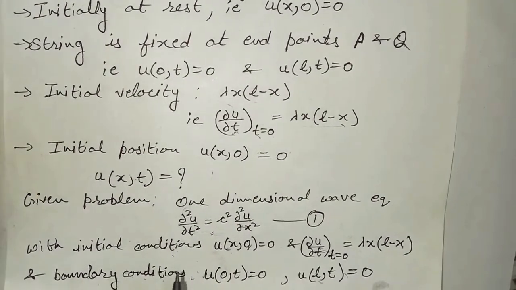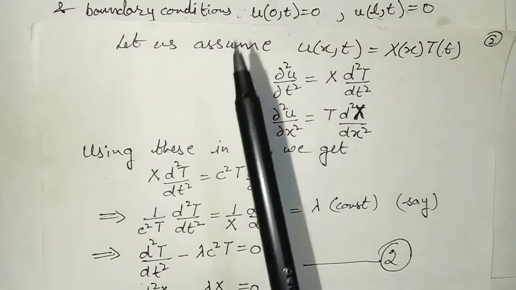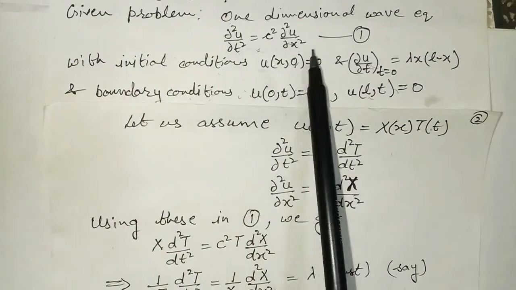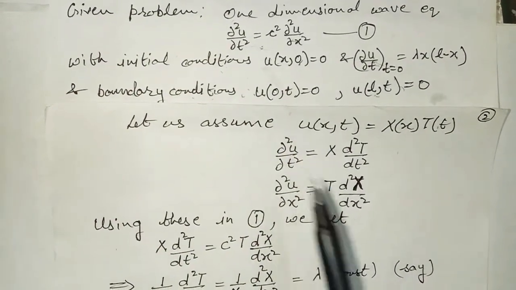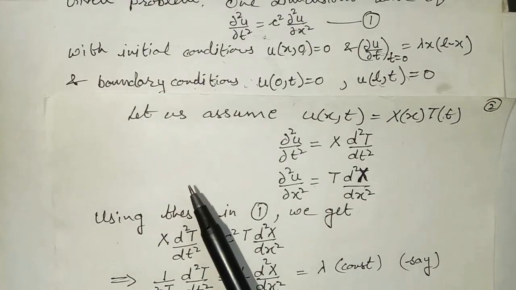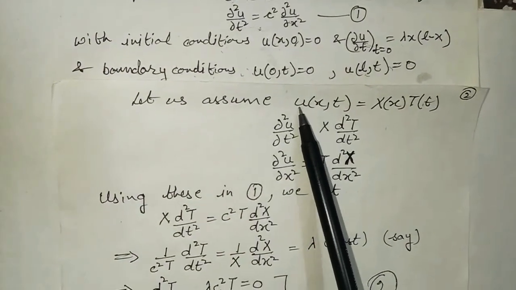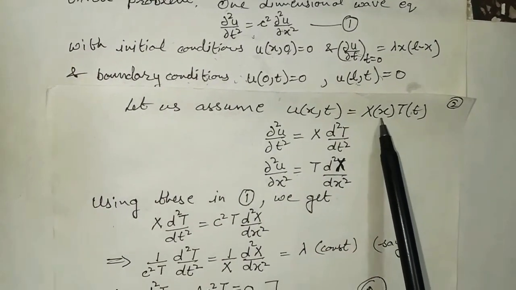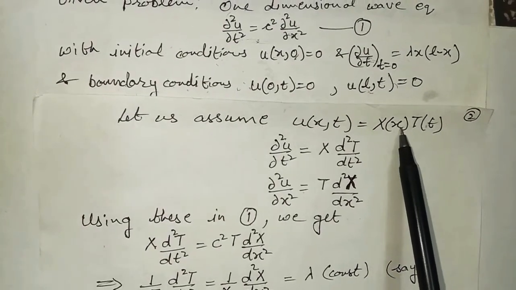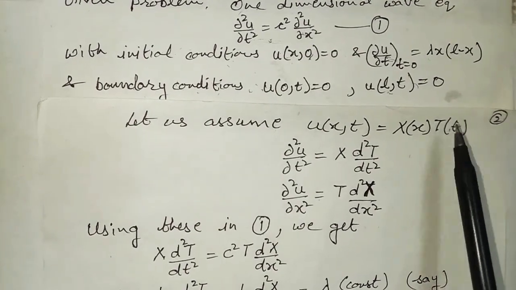Now we try to solve this. In the differential equation, you have seen u is a function of two variables x and t, right? So now we start the method of separation of variables. We assume u(x,t) is equal to the product of two functions X and T. X is a function of small x only and T is a function of small t only.